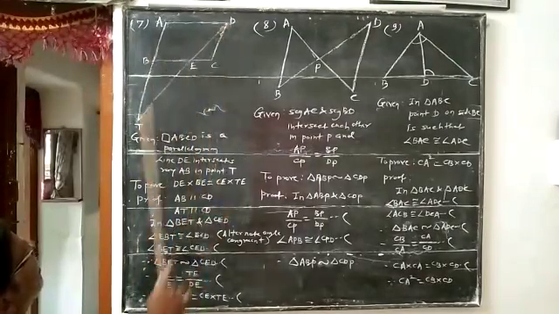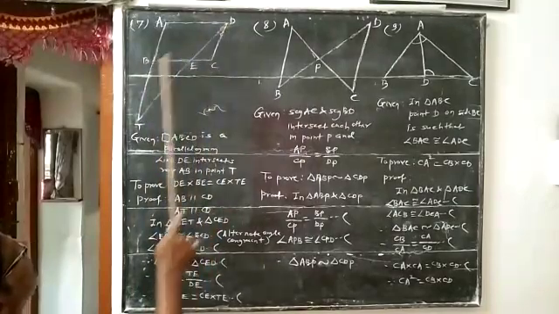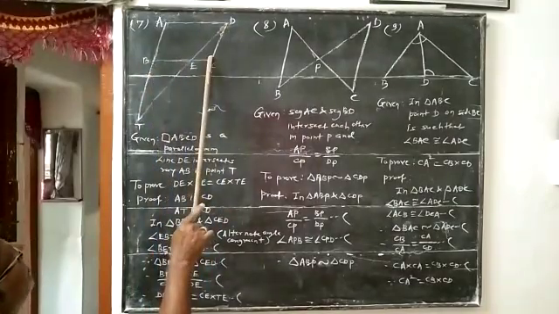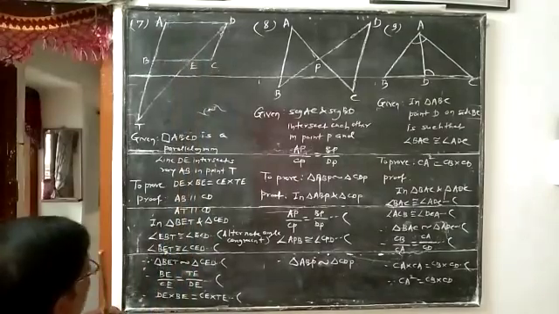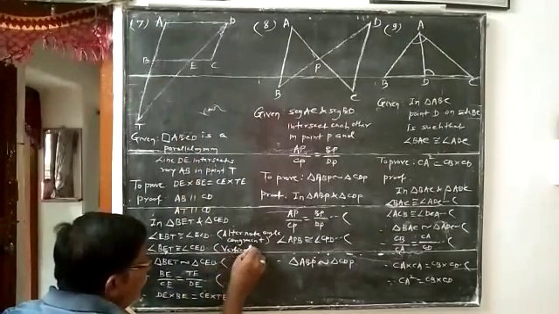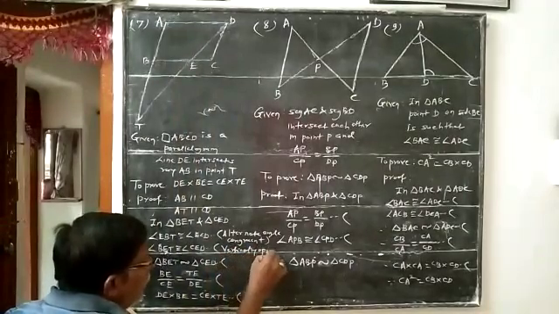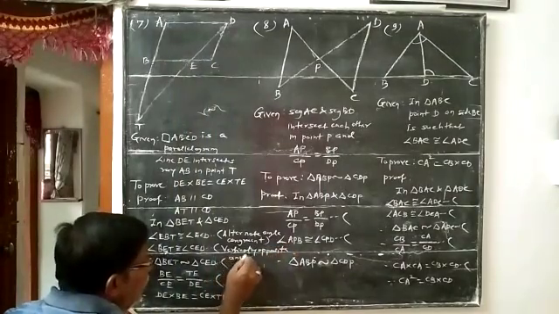When two lines intersect each other, vertically opposite angles are congruent. So angle BET is congruent to angle CED, vertically opposite angles congruent.